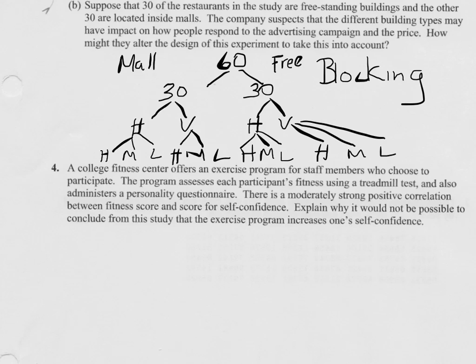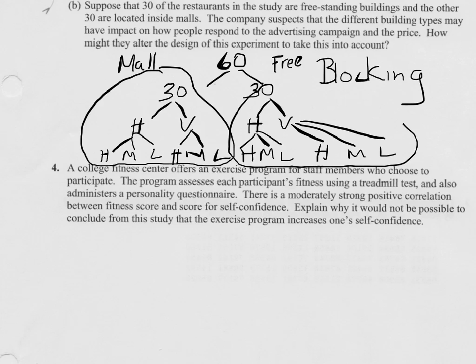All right, and then within each block, we will run our survey. Now, if you notice, we've got 30 restaurants and 6 treatments.